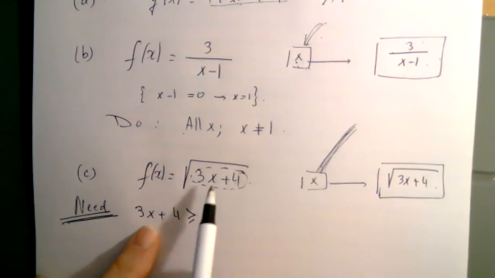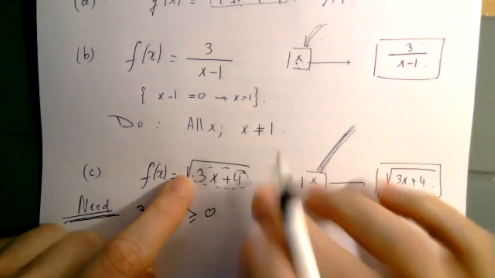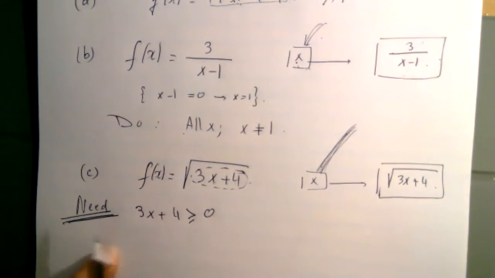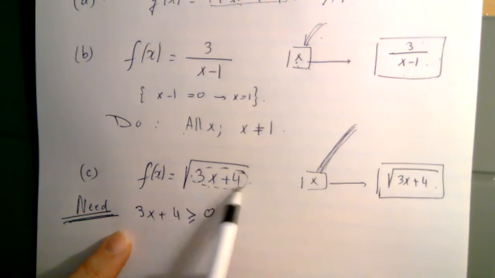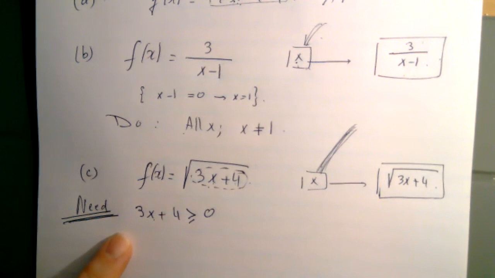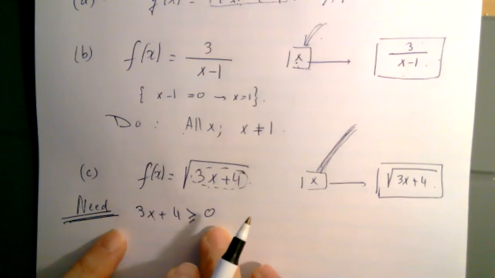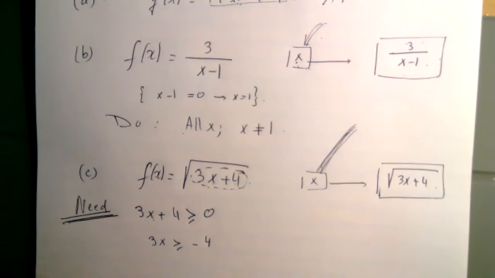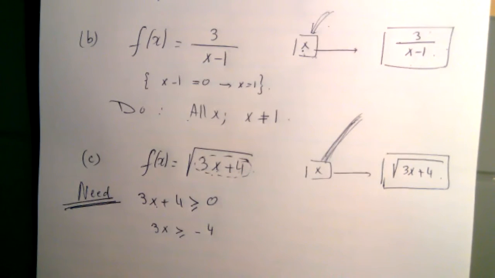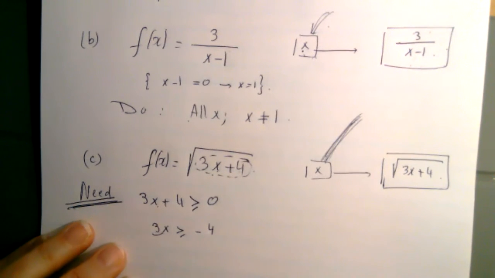Because everything that makes the term under the square root negative will not be acceptable. So we need only the x's that make 3x plus 4 positive. So now we're going to solve for x. I'm solving, I'm not guessing. It means 3x has to be greater than -4. I'm going to divide by 3.